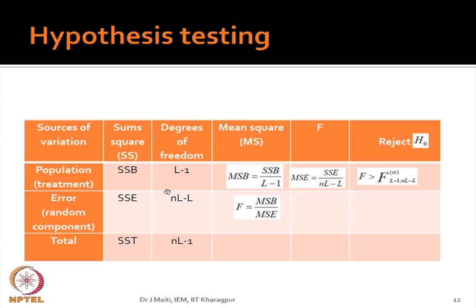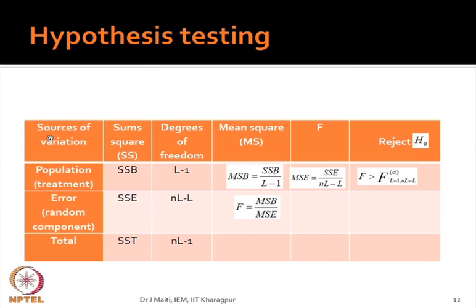Later on, even in regression and other cases, we will be using the ANOVA table. For the problem we have considered now, there are a few items. One is the sources of variation, then the sums of squares, which we have calculated as SST and SSB. Degrees of freedom you have also seen. Then you have to compute the mean square and the F value, and based on the F value you will be accepting or rejecting the null hypothesis.